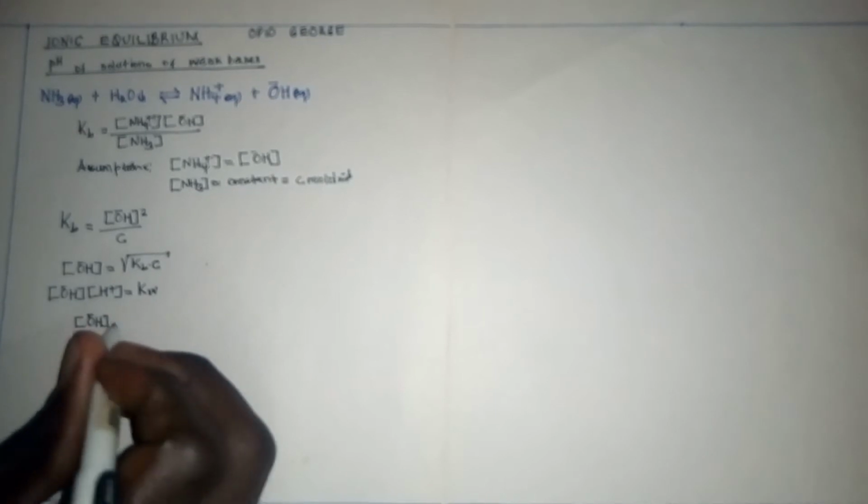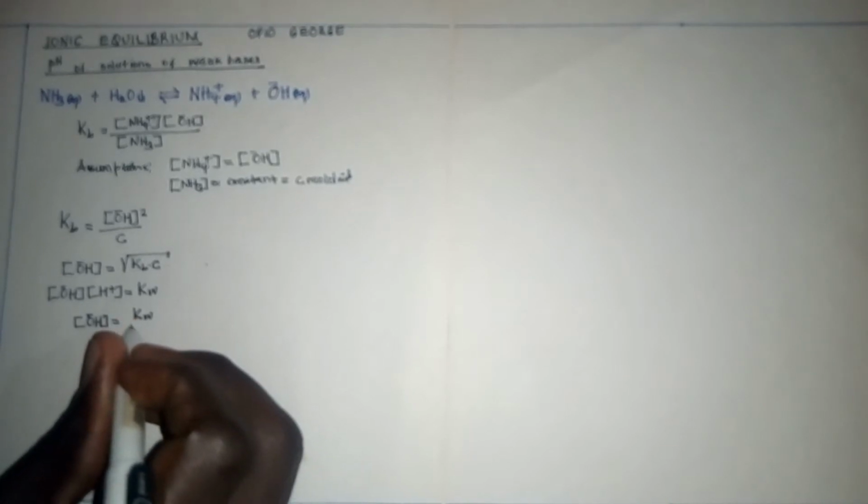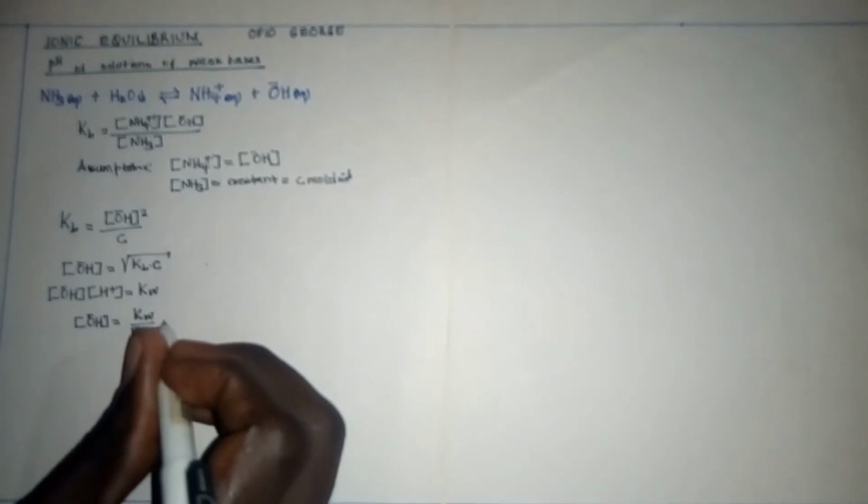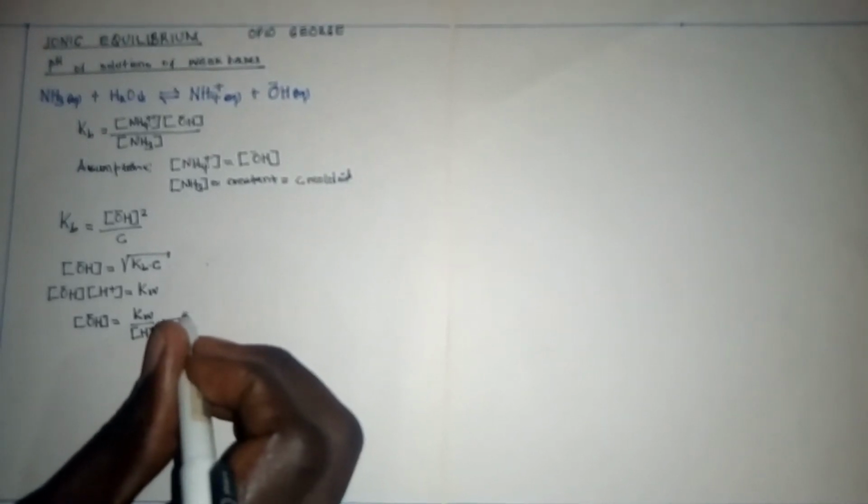So the molar concentration of hydroxyl ion is going to be expressed as Kw, ionic product of water, divided by the molar concentration of the hydrogen ions. So if we name this equation 2 and we name this one equation 1, we can simply say equation 1 is equivalent to equation 2. That's one thing we can see.